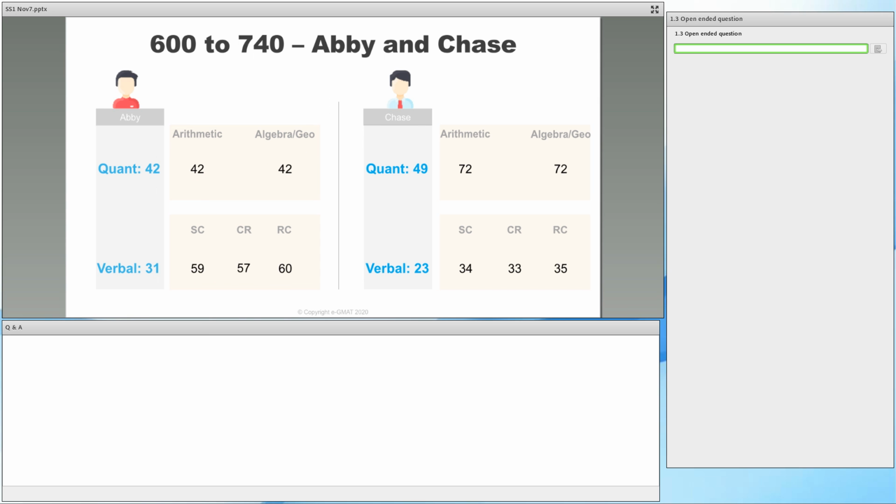Chase, similarly, just for simplicity, is around the 72nd percentile when he's at a Q49, and around the 34th, 35th percentile in verbal, which means that about 65% of the test taking population is better than Chase in SC. 67% is better than Chase in CR, and 65% is better than Chase in RC. That's a starting point over here.